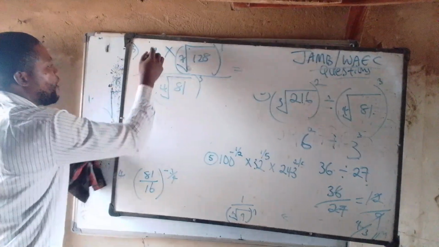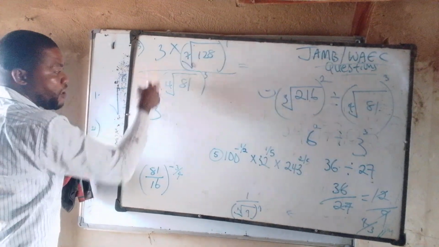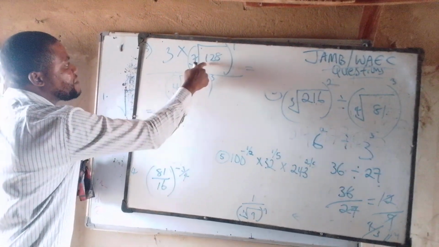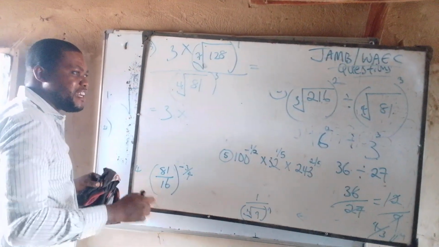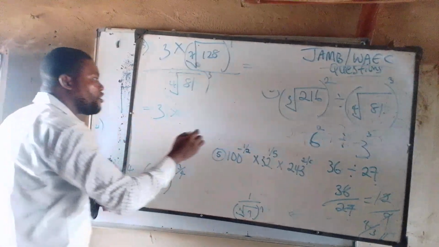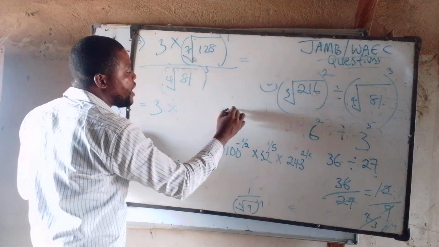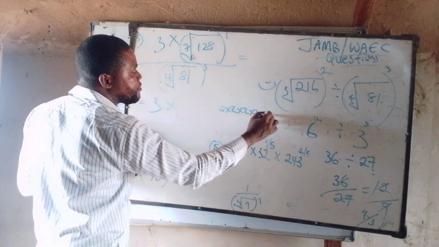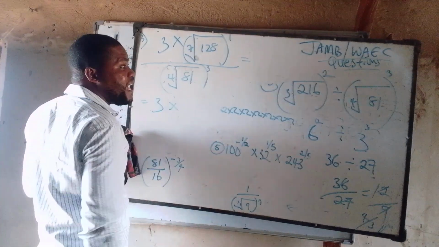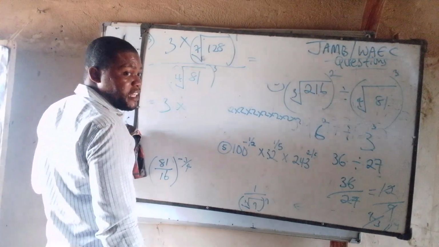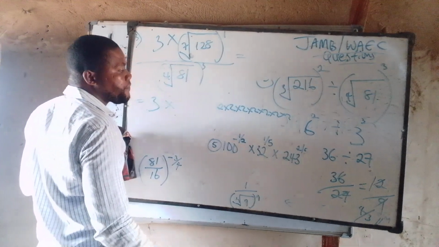If I simplify number 3 question further, what will I get now? I will drop down 3 for my work, times. What will I times 7 times to get 128? Like I told you before, let us start from 2. 2 times 2 times 2 times 2 times 2 times 2 times 2. 1, 2, 3, 4, 5, 6, 7. Will I get 128? Give me 128.